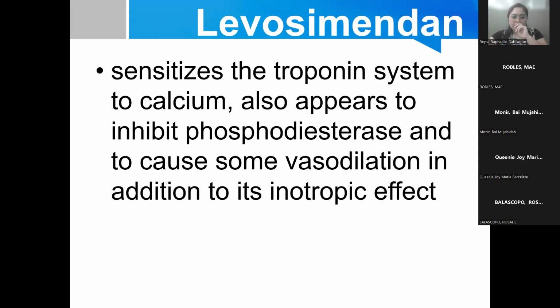So there will be positive inotropic activity. Now there is an additional activity for levosimendan. It appears to inhibit the phosphodiesterase enzyme, and that will cause vasodilation.